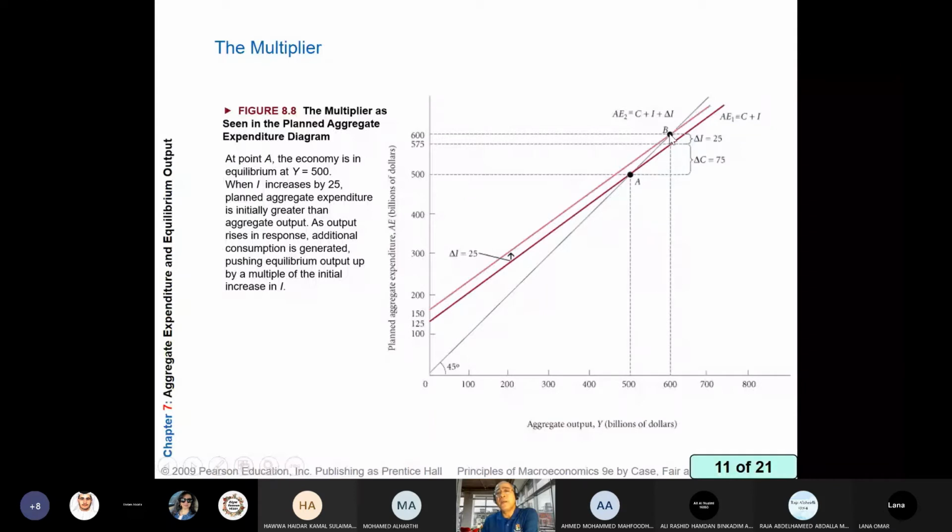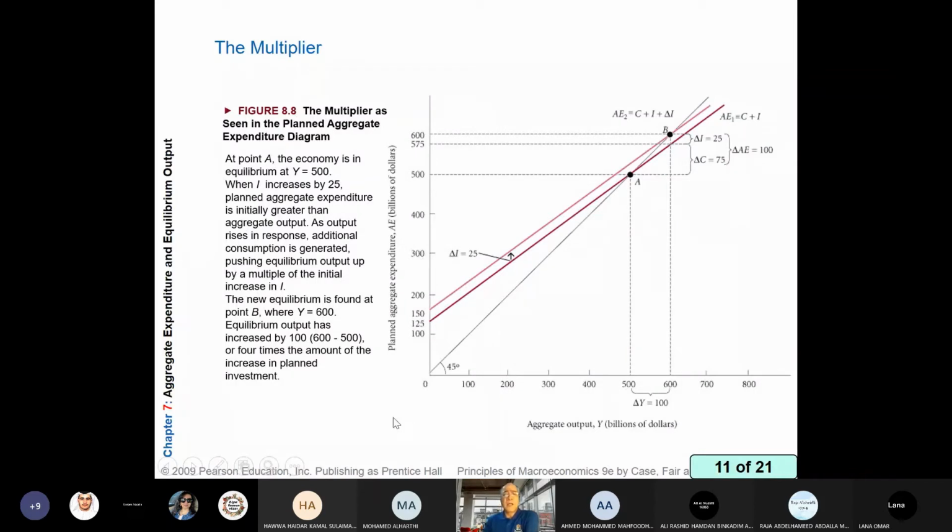The new equilibrium point can be seen by the new planned aggregate expenditure and 45-degree line at point B. So here, the increase in output is 100 due to an increase in investment by 25. So the multiplier is 4.